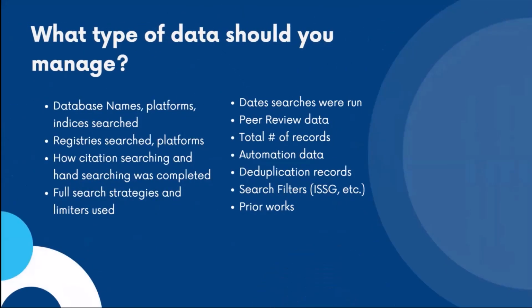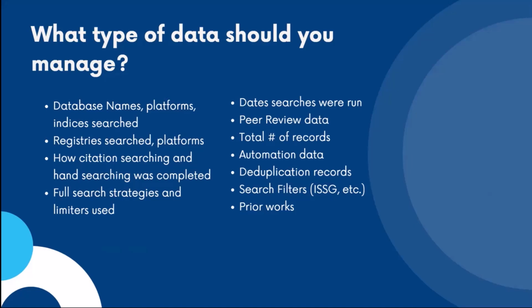And so what types of data should you be managing while you are doing a systematic review? Because the concept of data is kind of amorphous. Like, well, what is data? It can mean many things. So the things that you should always be documenting and tracking are even simple things, just like what databases did you use, on what platforms, what indices did you search, how were your searches completed, how is your hand searching done?